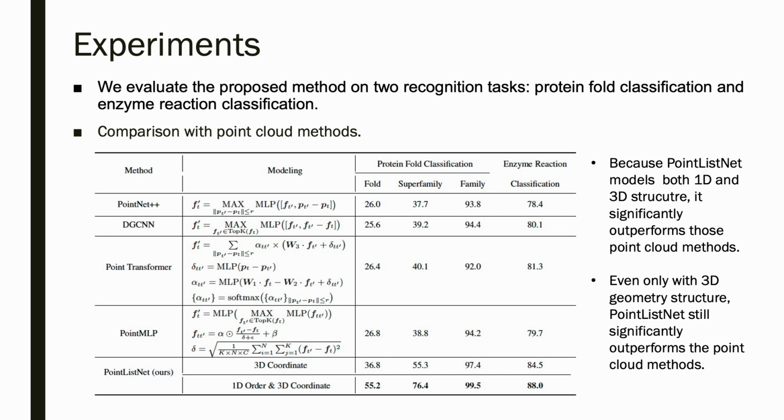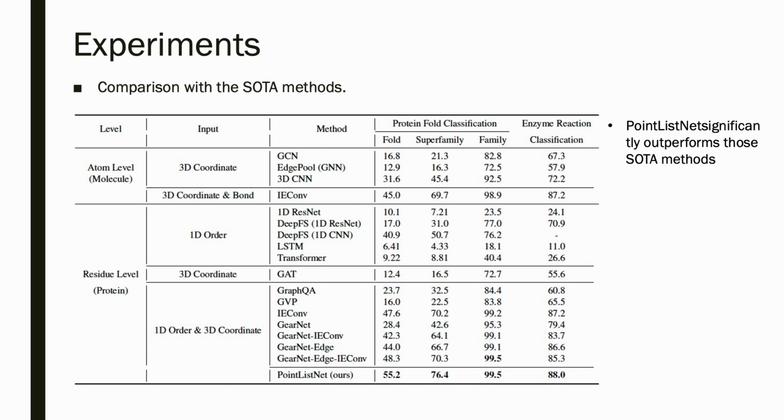There may be two reasons leading to the superior performance. First, those point cloud methods do not employ an effective attention mechanism to capture point correlations. Second, they are not rotationally invariant. Our method also significantly outperforms those protein recognition methods.